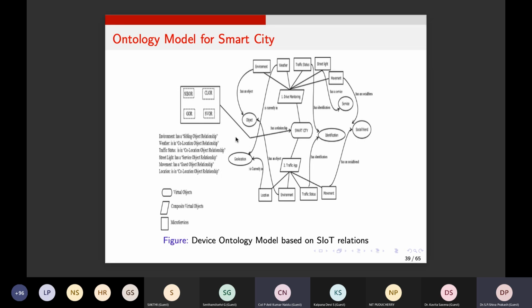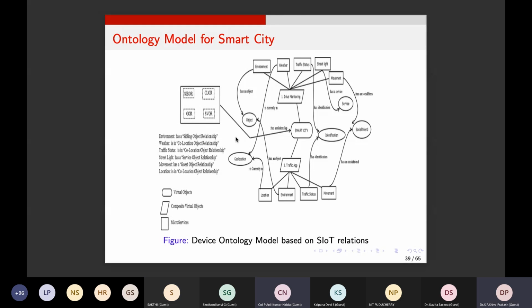So there is a set of objects, and we basically represent the smart city as a virtual object, and the composite or the class of virtual objects, and the set of services provided by these objects. Here, if you observe, this weather is in a relationship with geolocation.